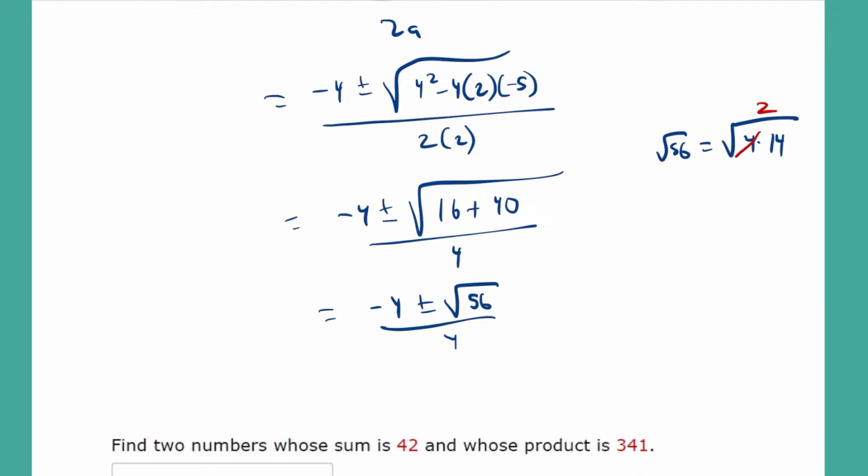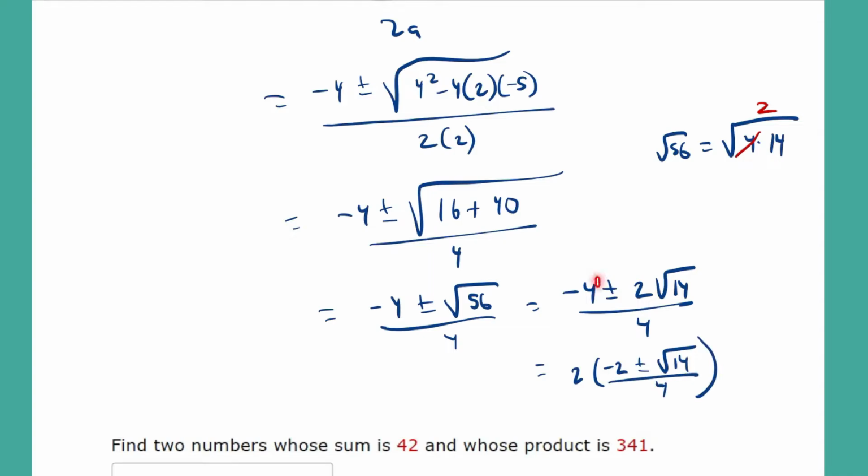So now we have negative 4 plus or minus 2 radical 14, over 4. Careful not to cancel these two out. You can't do that because of this plus or minus, but what you can do is take out a GCF. The common factor of the numerator is 2. So if you take out a 2, you're left with negative 2 plus or minus radical 14, over 4. Notice what I did is I factored out a 2 from here, and a 2 from here.